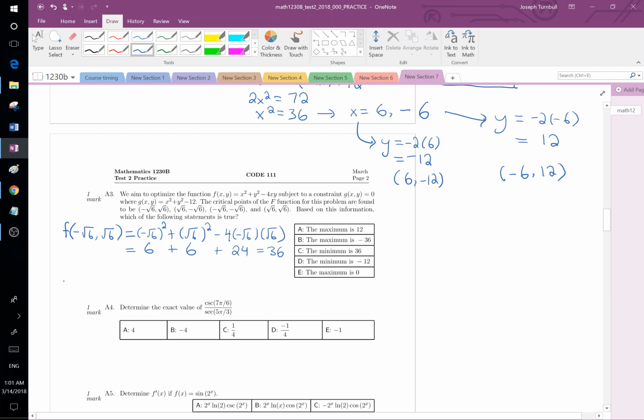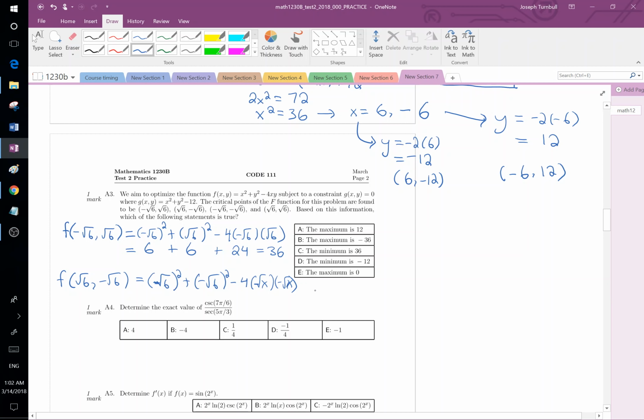Plug in the next point, f of root 6, comma, negative root 6. So we'll get the same thing in different order. So we get positive root 6 squared plus negative root 6 squared minus 4 times positive root 6 times negative root 6.